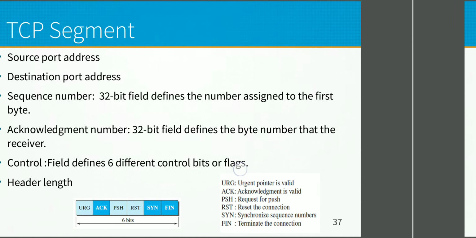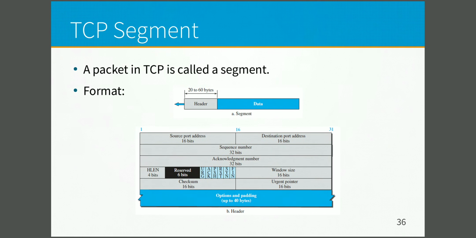Then, after the control field, we have the next field which indicates the window size. This window size is very important for TCP to implement flow control. This field defines the window size of the sending TCP.